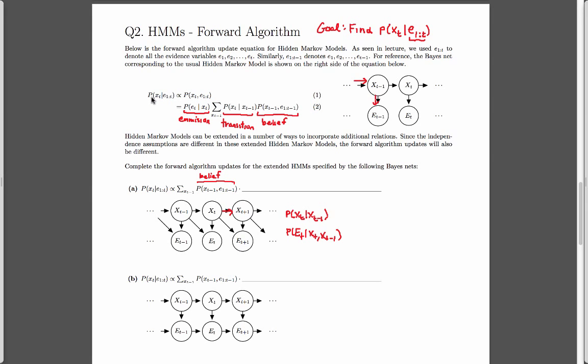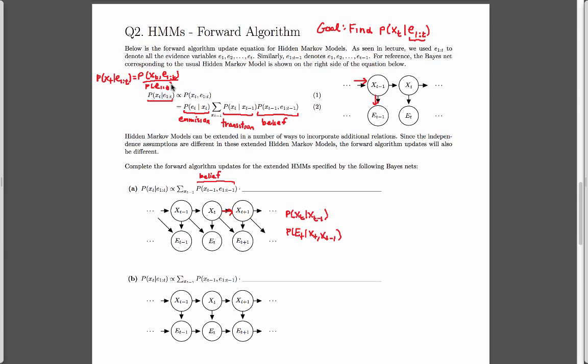The goal is to compute this value right here, and this value is proportional to the case in which you're not conditioning on all of the evidence, because the probability of x_t given e_{1:t} is equal to the probability of x_t and e_{1:t} divided by the probability of your evidence.